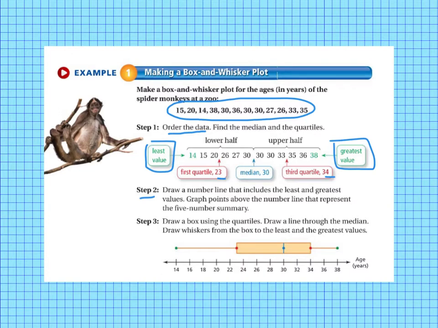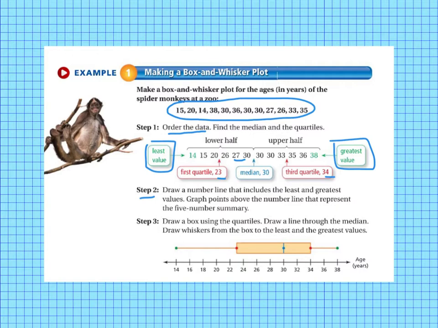So when you're doing this, you may not skip numbers on your number line. Otherwise, your box and whisker plot is not correct and it doesn't represent the data correctly. So even if there are missed numbers or skipped numbers in your data, so for example, this goes from 27 to 30, you'll see that we are still counting by 2s on the number line.